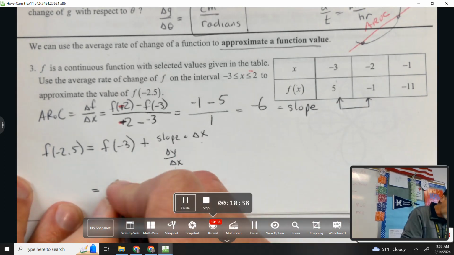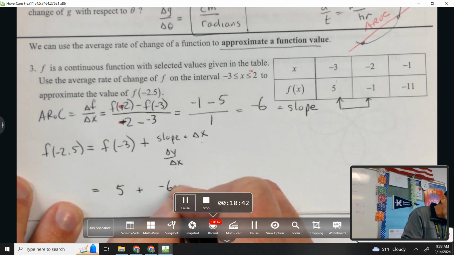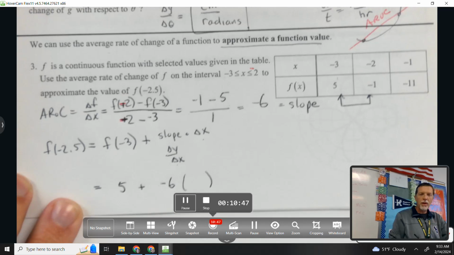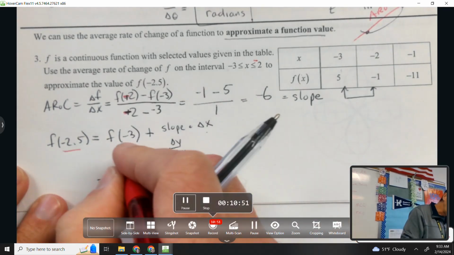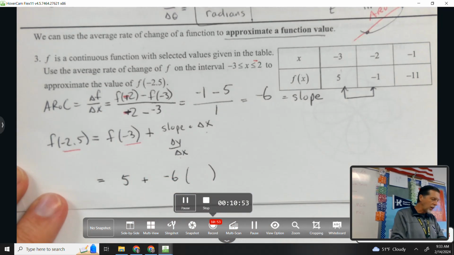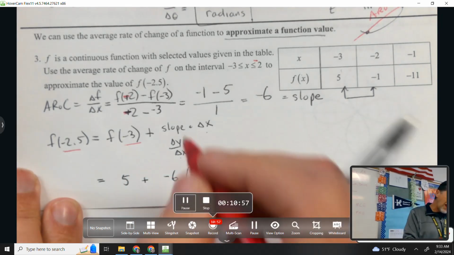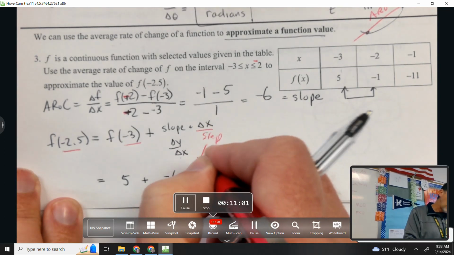So my y value starts at 5. My slope is negative 6, but I'm not going to take a full step. Going from negative 3 to negative 2.5, what's my step size going to be?